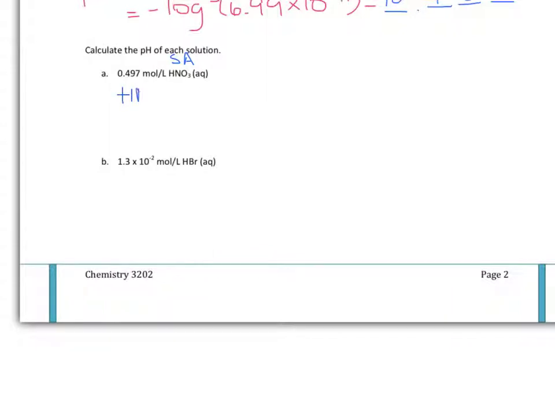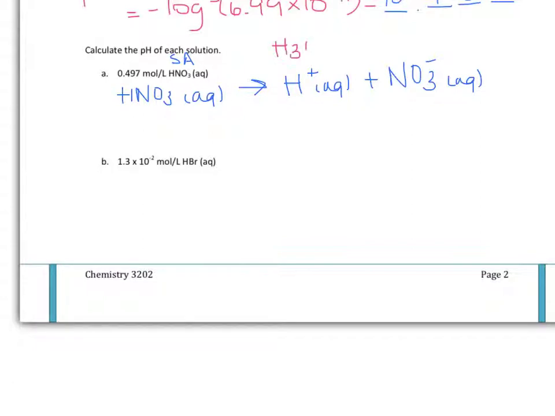So we will have HNO3, and that ionizes out into H positive and NO3 negative. Also recall from the modified Arrhenius theory that H positive and H3O positive can be used interchangeably.